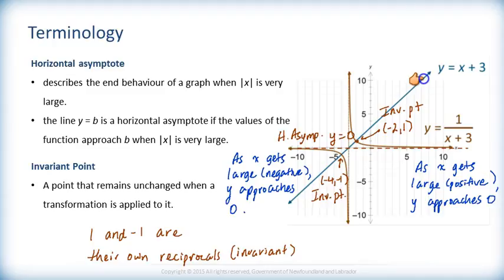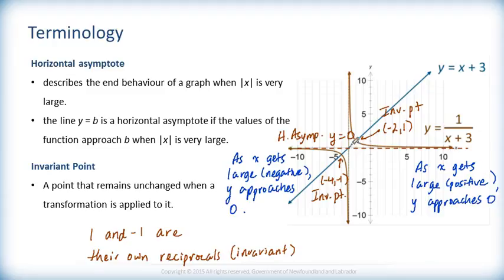The y values on y equals x plus 3 out here are very large positive. For a large positive number, more than 1, we learned in recording 1a, the reciprocals will be small positive, close to the x-axis, less than 1. And back here where the y values are large negative, the reciprocal of a large negative is a small negative, close to the x-axis.